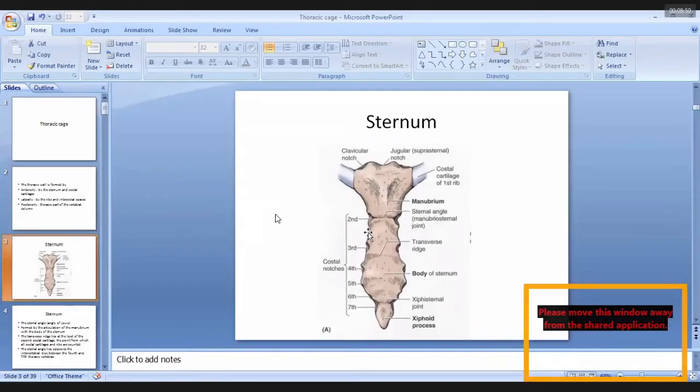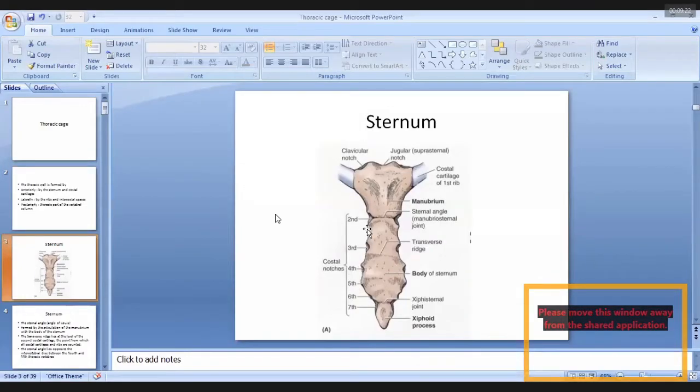Then the second part of the sternum is known as the body of the sternum. The body of the sternum contains facets or costal notches on each side. On the lateral sides, there are notches or facets for the articulation of the costal cartilages of the 2nd to 7th ribs.